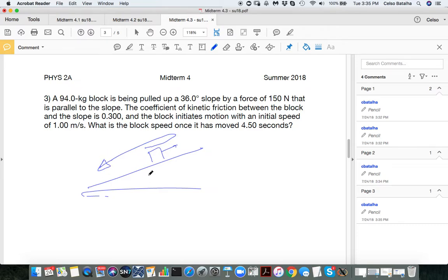It's like throwing something up in the air. Acceleration, if you calculate the number, will be negative if you take to the right as the positive direction. So eventually this block stops and then reverses direction, and then you find the value of the speed at this point. Okay.